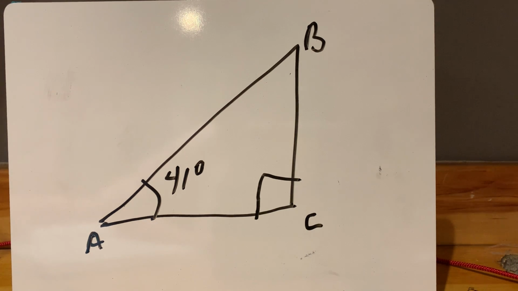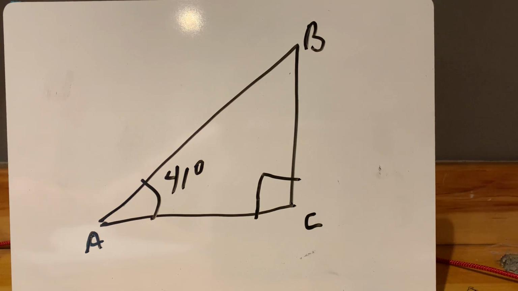The sum of the angles measure 180 degrees for any triangle. We see that the measure of angle A is 41 degrees. The square at angle C shows that the measure of angle C is 90 degrees. So the sum of the measures of angle A and angle C is 131 degrees.